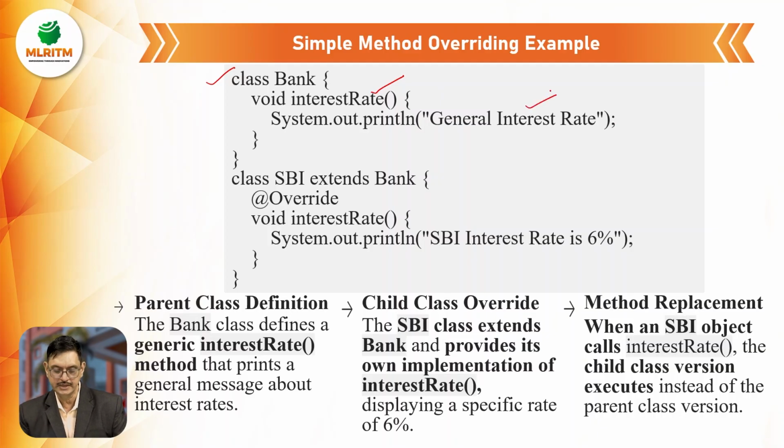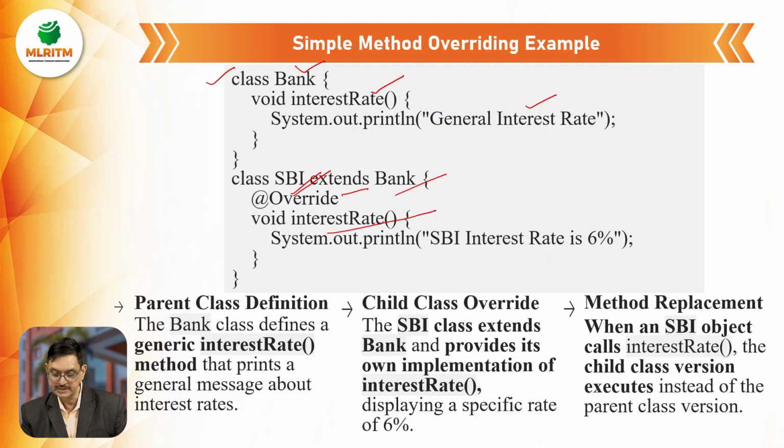Now let us assume a specific bank called SBI is implemented using the base class Bank. This SBI is created by using the extends keyword from parent class Bank and includes a method with the same name as in the parent class, interest rate.